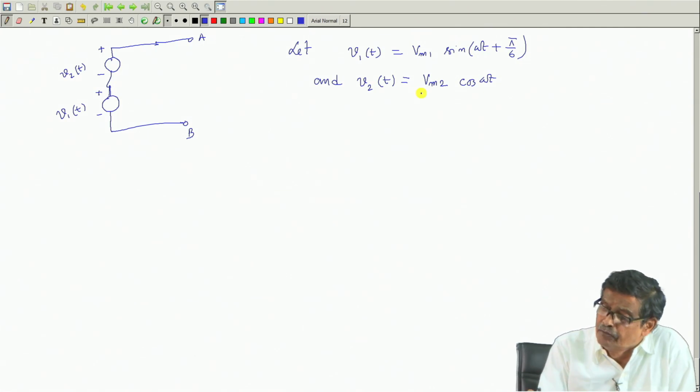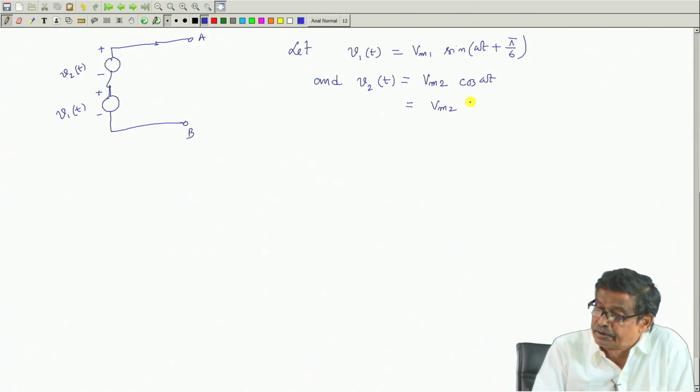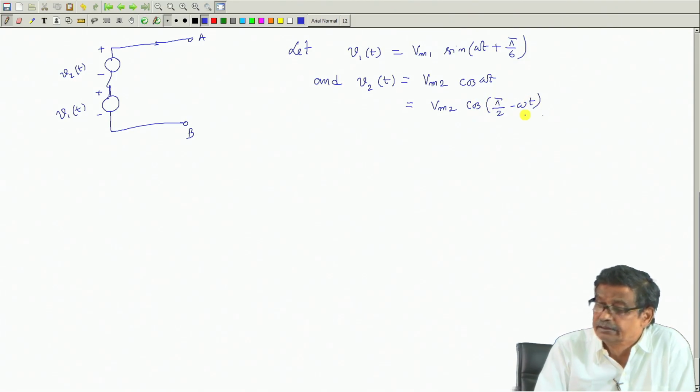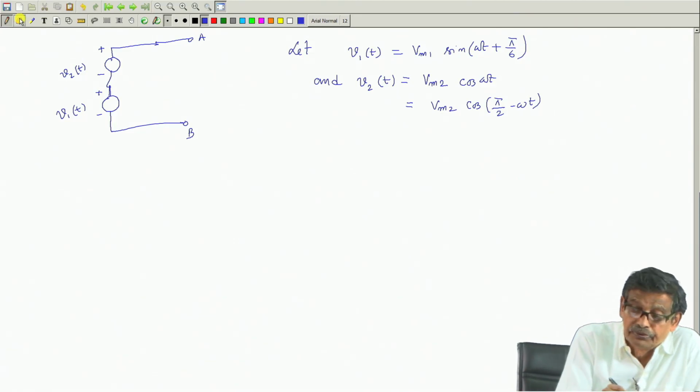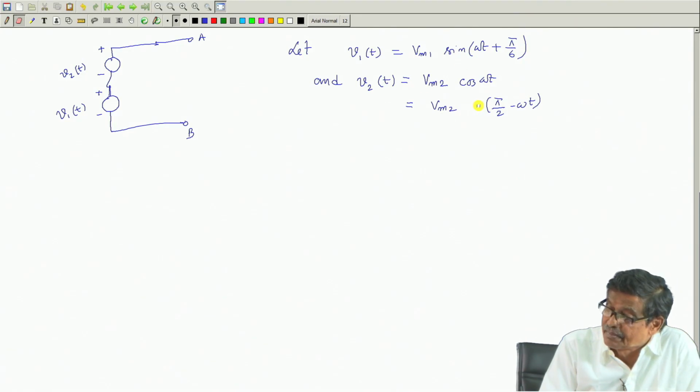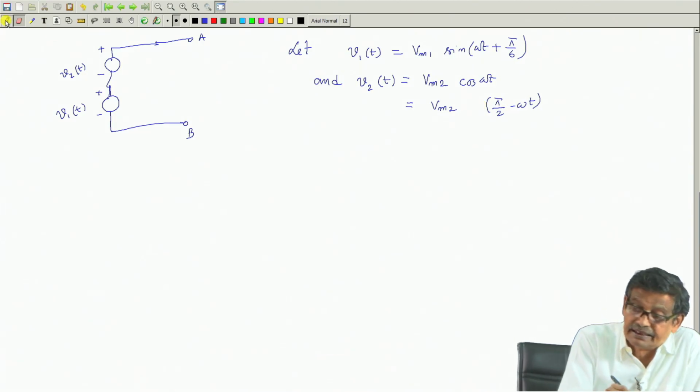For example, I will write it this way: Vm2 cos(omega t) is what? Cos(90 minus theta), this way I can write, is it not? So, you have to bring it to the same quantity, that is sine.